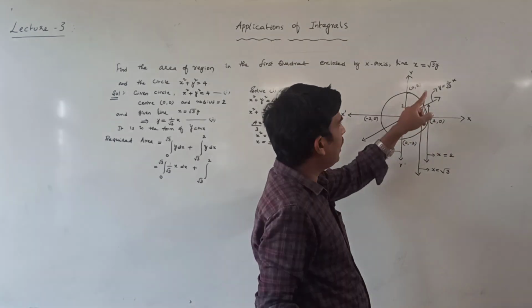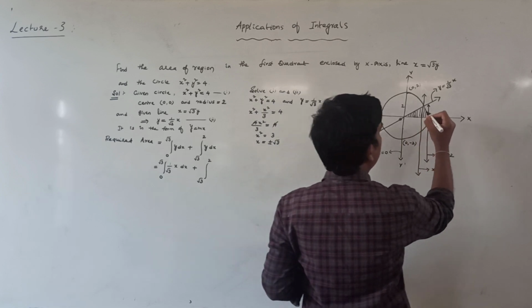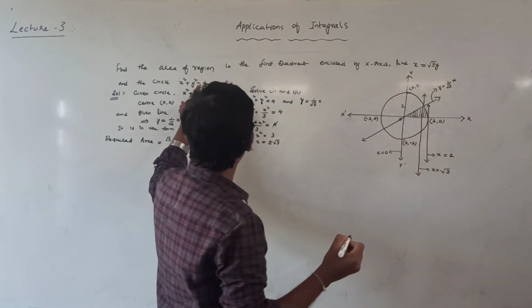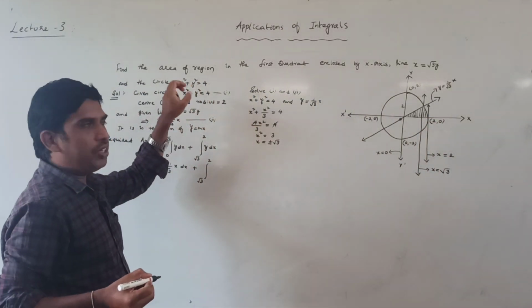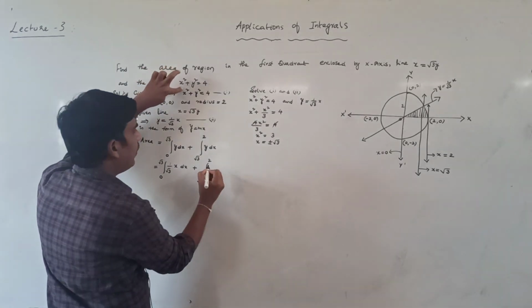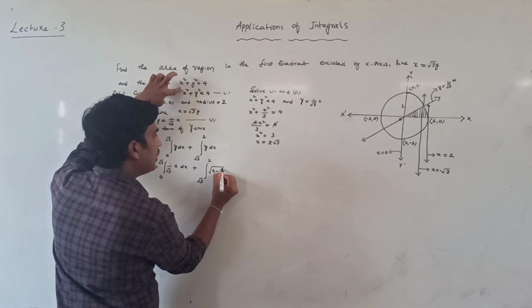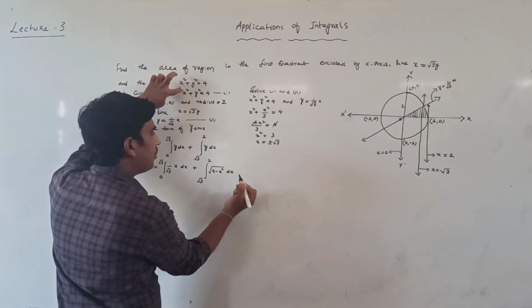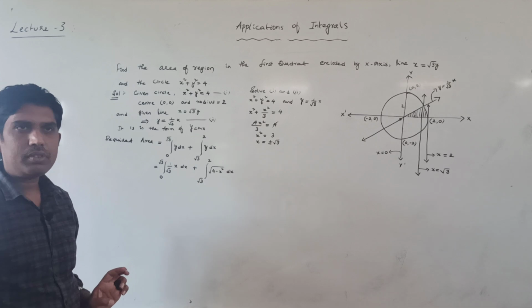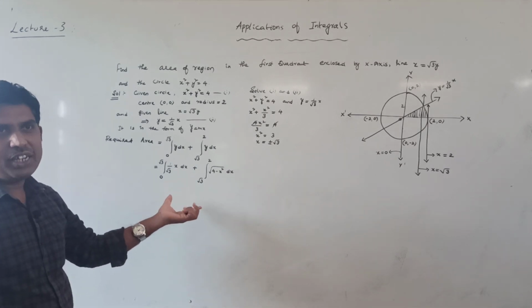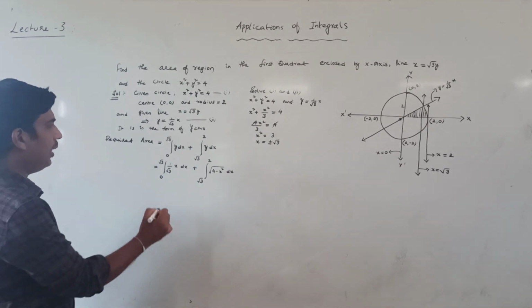What is the curve equation here? x square plus y square is equal to 4. From this, what is the y value? It is root over 4 minus x square dx. So evaluate this, and we will get the required area.